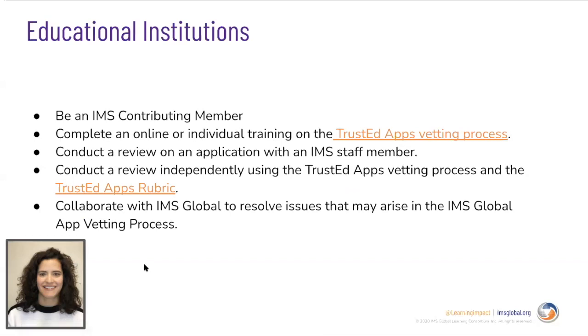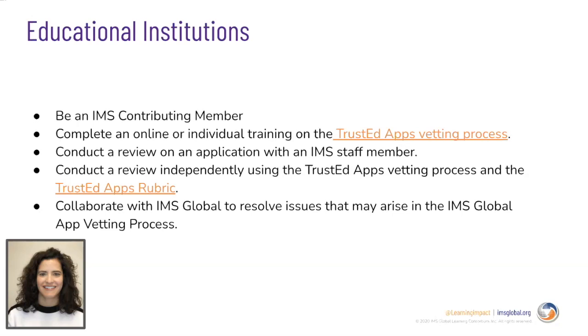So for an educational institution, you must be an IMS contributing member, complete the online or individual training that Kevin mentioned, conduct a review on an application with an IMS staff member, and then collaborate with IMS Global to resolve any issues that may arise in the app vetting process.